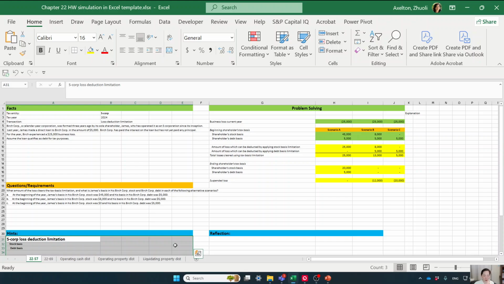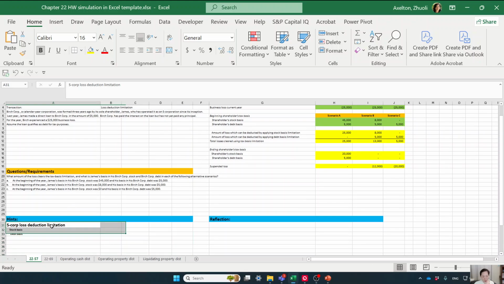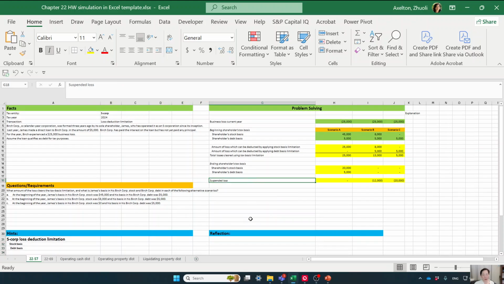A good resource for this section is your chapter notes. You can copy the whole section of the chapter notes regarding the loss limitation rules here, because that will be your hints. For the reflection, you want to take a look at the calculation and have some takeaway from it: see why the calculation is done this way, and how you can learn from it.